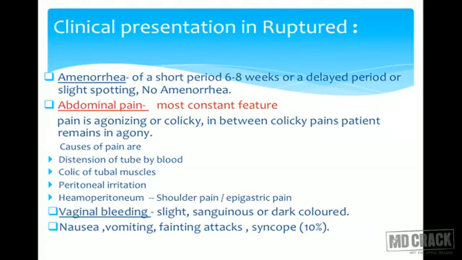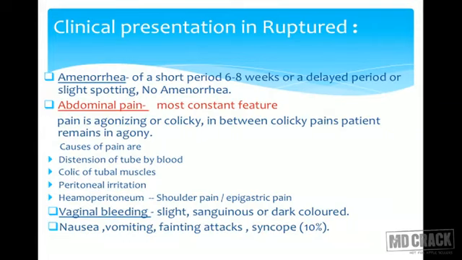Amenorrhea, maybe of short duration, maybe she's around 6 to 8 weeks, or sometimes just a delayed menses, where she says my menses got delayed by 2 or 3 days. Or sometimes there will not be any history of amenorrhea; she's due, like tomorrow is her expected date. She comes with this variable period of amenorrhea. That's the first symptom. Second, abdominal pain.